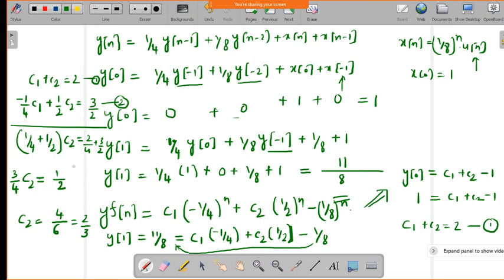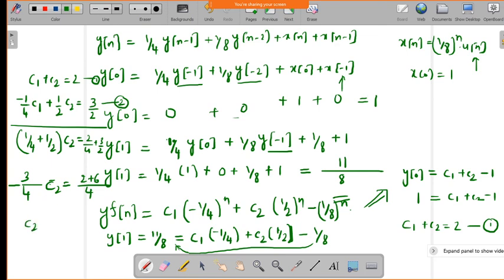So just find out whether it is correct or not. See, if you take 4 as the LCM, you will get 1 plus 2, which is 3 by 4, into C2, which is equal to, taking 4, 2 plus 6, 8 by 4.